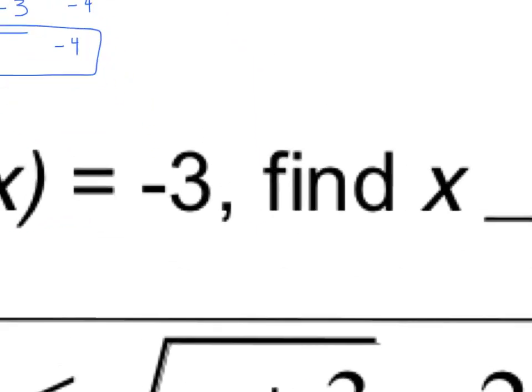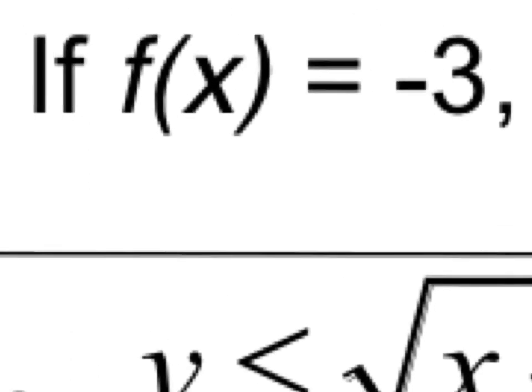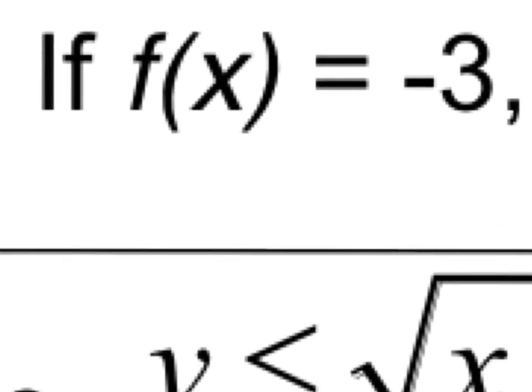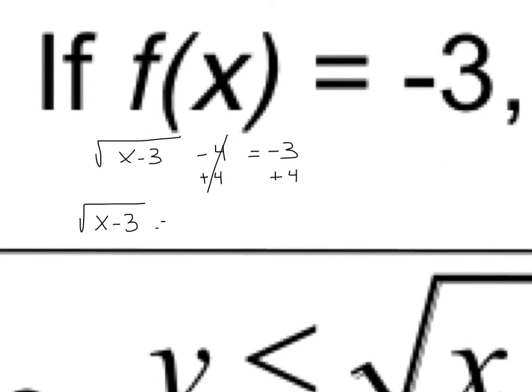Let me make room for myself. So f of x equals negative 3, let's try it. It means that the y, which is square root of x minus 3 minus 4, is equal to negative 3. The y is equal to negative 3 and I have to find x. So isolate the radical by getting rid of negative 4, add 4 to both sides. So square root of x minus 3 is equal to 1.